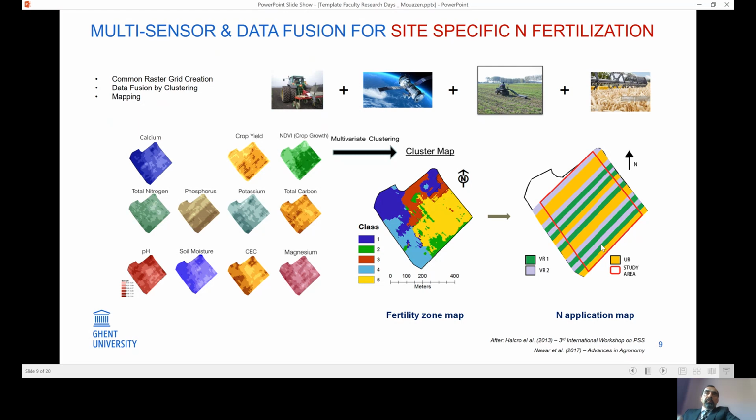That is the traditional way of application, as we have seen in the first slide. And then the advanced multi-sensor data fusion variable rate application, which is variable rate 2. And we overlaid this strip experiment over the fertility zone maps in order to compare between the 3 different treatments with sufficient replicates.